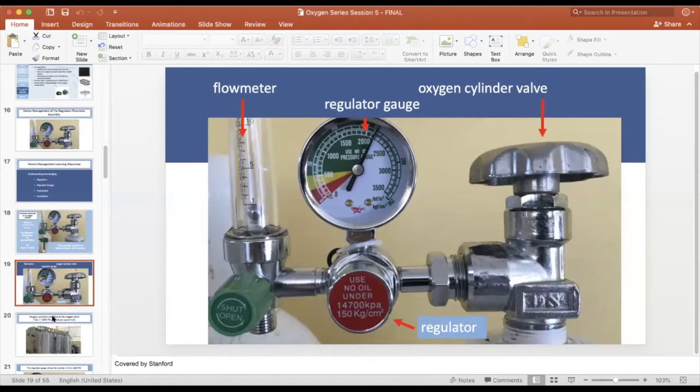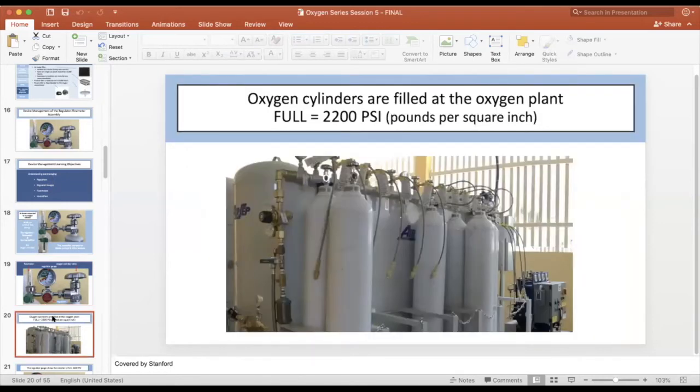With the cylinder, we see that oxygen cylinders are filled at an oxygen plant, and when they're full, they have 2,200 PSI, that's pounds per square inch, of pressure in the cylinder. And that's important to note that that is considered full.